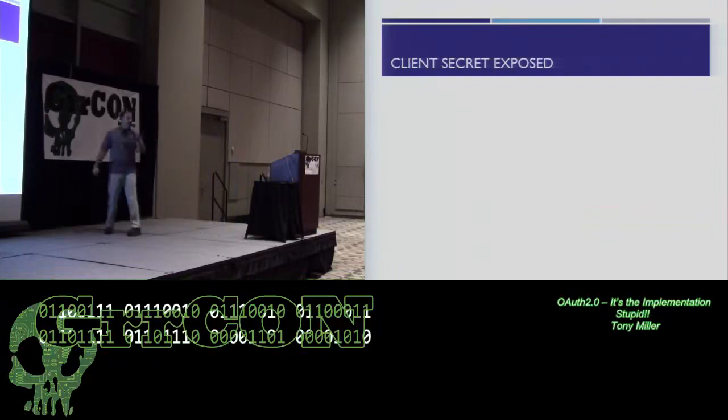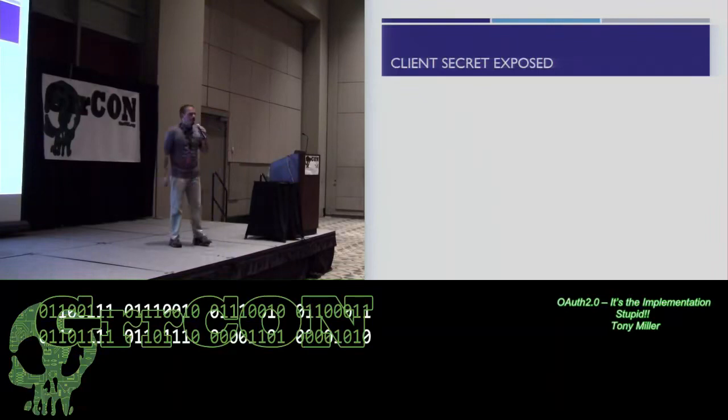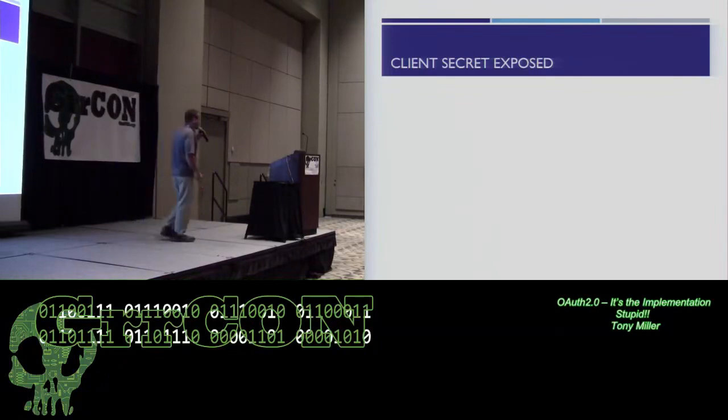Then finally, client secret. I talked about this before, and about using the correct grant type for the type of client we have. Consider an Android application that's using the authorization code grant. Authorization code grant, as we mentioned before, has client ID and client secret. That client secret is the only thing we have to authenticate the client to the authorization server.